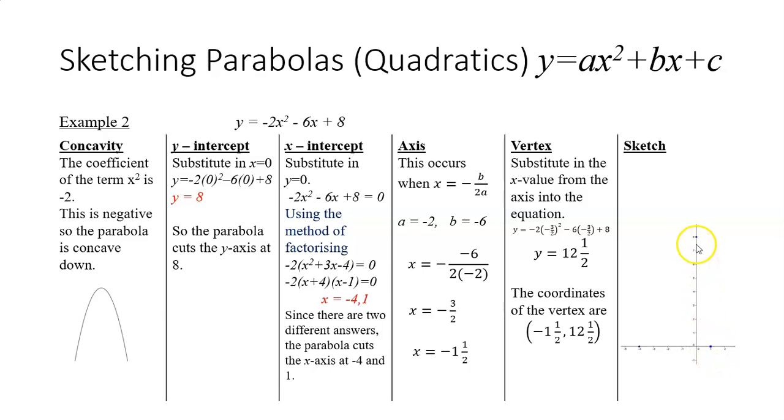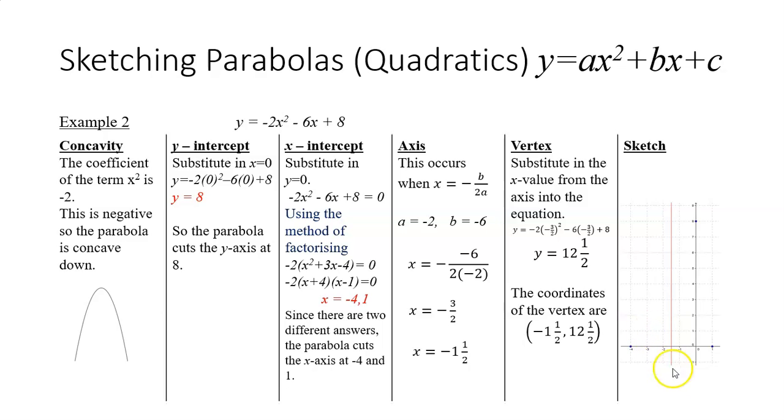So we've done our first 3 steps, and knowing that it's going to go through these and also through that, we know that it's going to be concave down. Okay? But because it's symmetrical, we know that when x equals negative 1.5, right there, it's going to be symmetrical about there. So let's put in our axis of symmetry, negative 1.5.